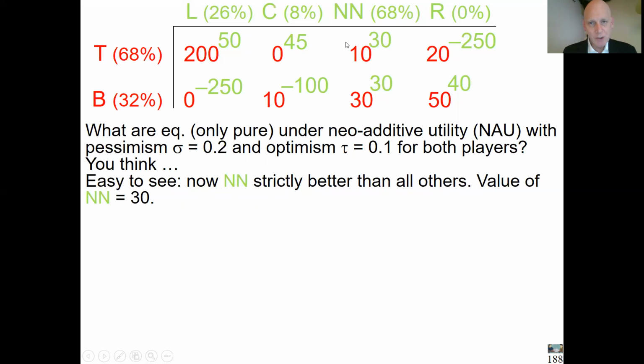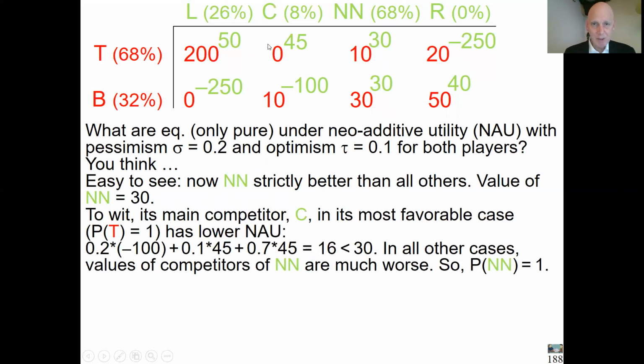Is C inferior to NN? Well, it is not so difficult to see. Even if we take the most favorable probability for C, and that happens when T has probability 1, that is the best for C, then still this 0.2 probability of minus 100 is quite killing it relative to the 30 of NN. And calculations show it.